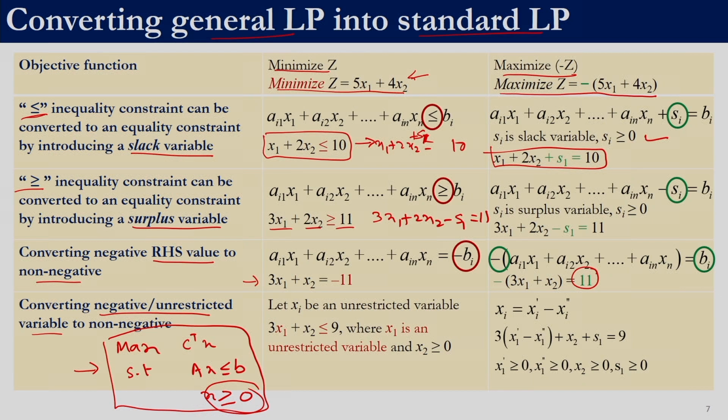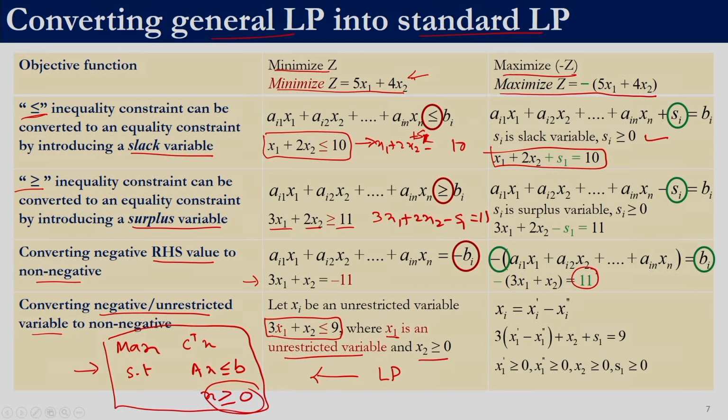In that case, to convert that linear programming problem into a form that is compatible to simplex, we will replace each unrestricted variable by the difference of two other variables. So, for example, let us say 3x1 plus x2 is less than or equal to 9, and over here x1 is a variable which is unrestricted, and x2 is greater than 0.